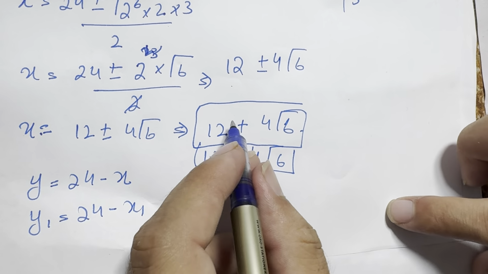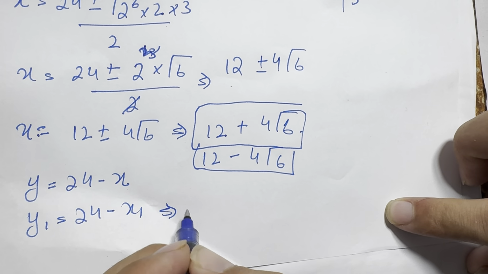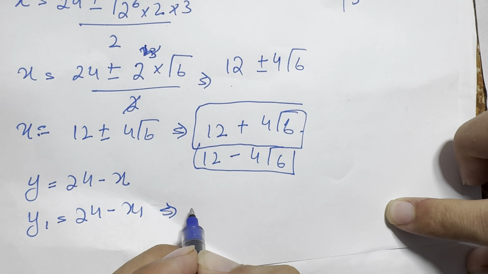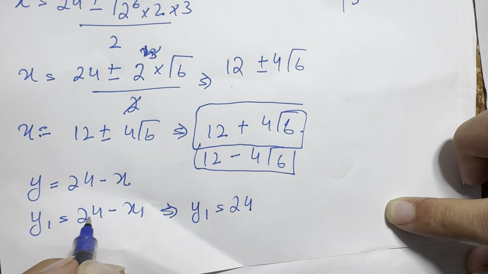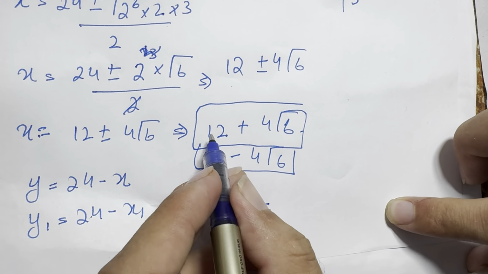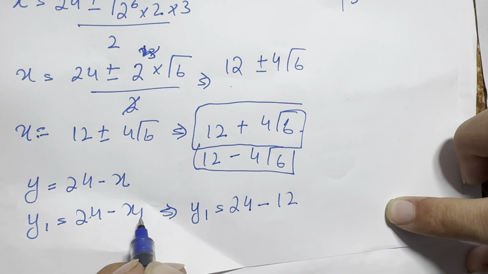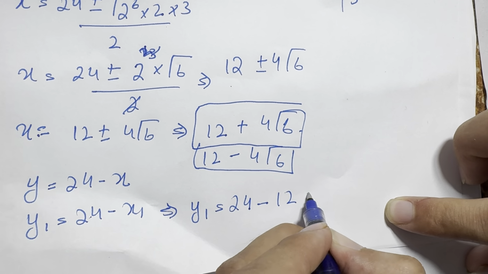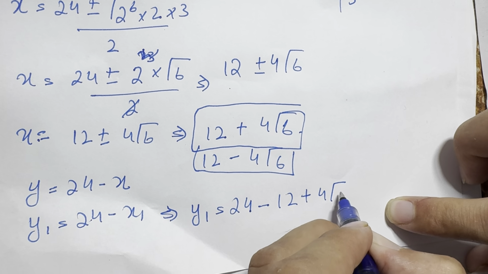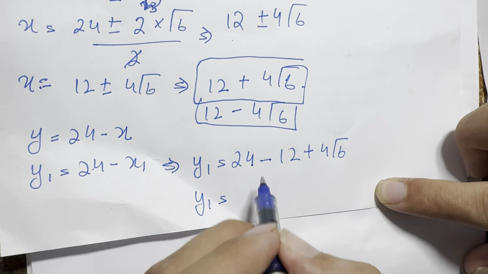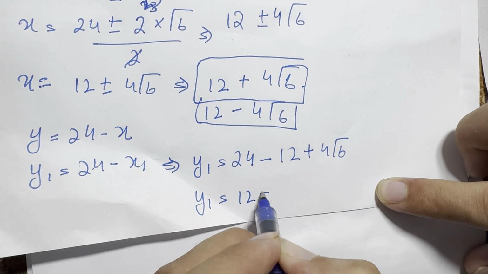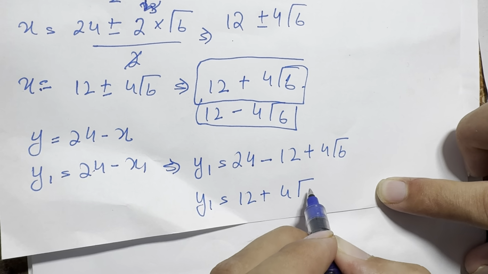So x1 is this, so y1 equals 24 minus, x1 is 12 plus 4 under the root 6. Okay, so y1 will become equal to 12 minus 4 under the root 6.